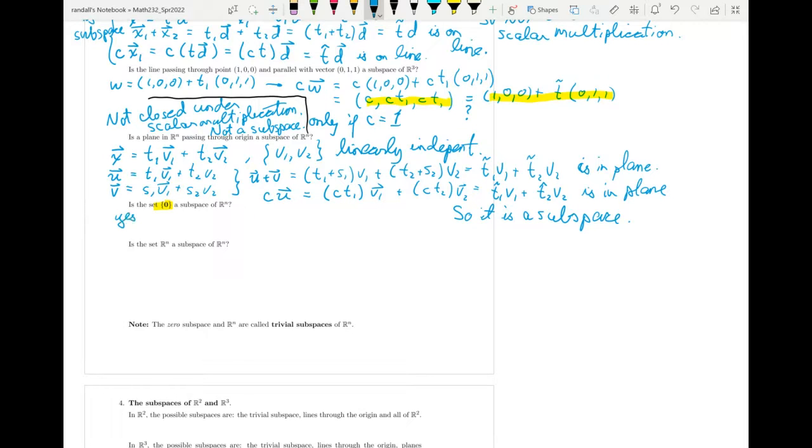And therefore, it is, because if I take two vectors in the set, which I have no choice but to pick 0, I get 0. And if I take any scalar and multiply it by the 0 vector, we get the 0 vector. So it's closed under addition and scalar multiplication. Notice this will not be true if the vector was not the 0 vector. So that's an interesting example for us. It's the only subset consisting of one vector that is a subspace. It has to be the 0 vector.